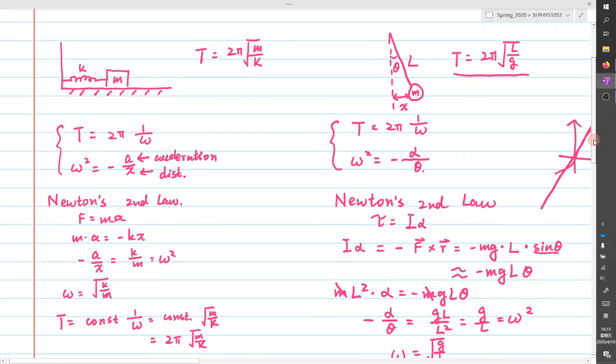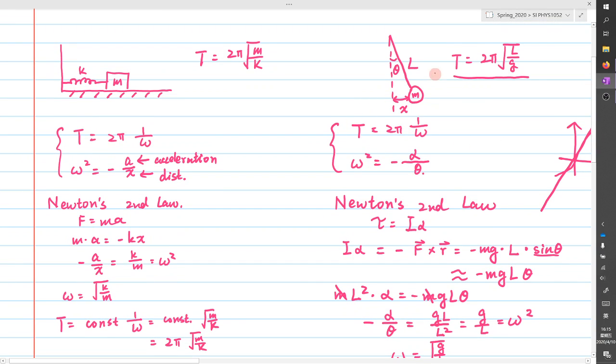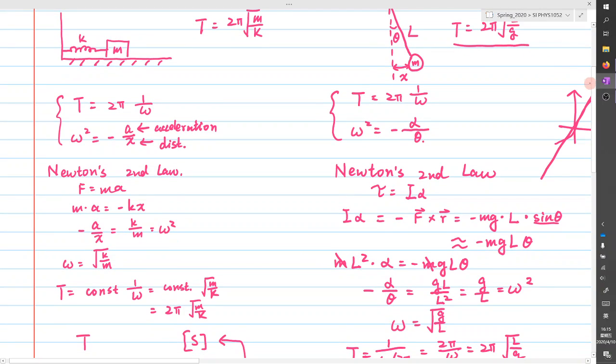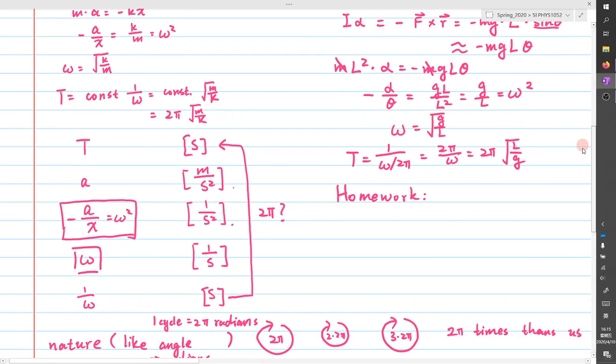So if you're interested, here's the homework for you. Derive T equals 2 pi square root of L over g using the linear system, and hopefully you will recover the same equation.